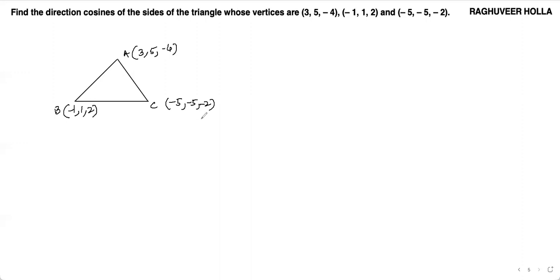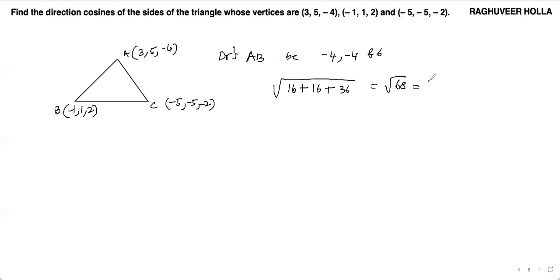Now the direction ratios of AB will be minus 4, minus 4, and 6. We get the square root of this, 16 plus 16 and 36, which is equal to root 68, which is 2 root 17.